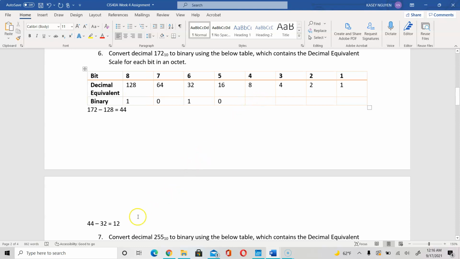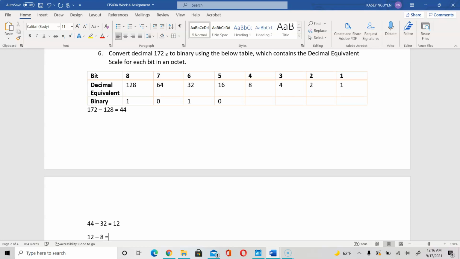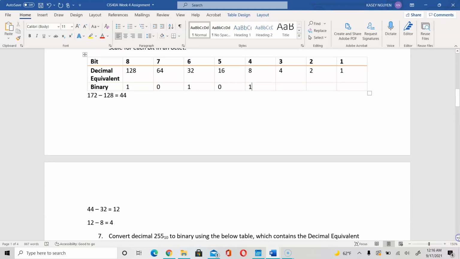Then the next number we can subtract from 12 is 8. So we take 12 minus 8, which gives us 4. As you subtract 8, you put a 1 there. Next, we take 4. 4 minus 4 gives us 0, so we put a 1 there. And for the rest, we fill in 0.